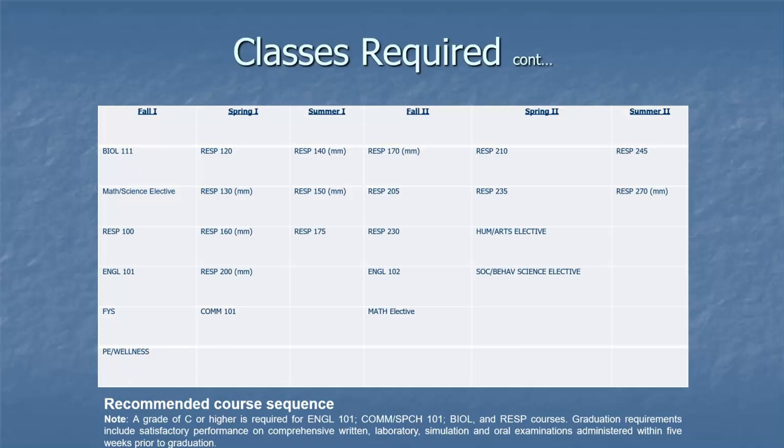This is the recommended course sequence for students. So if you come into the college, and your very first semester is this semester, you are college ready, you're not taking any developmental courses. This is the sequence that we recommend that you follow in order to graduate and get all of the courses done in the program.